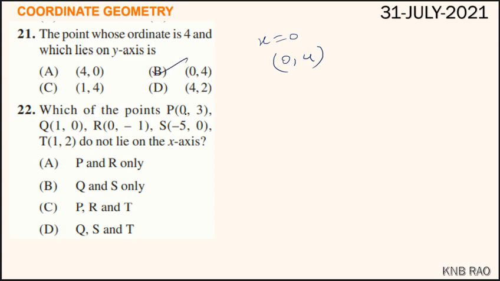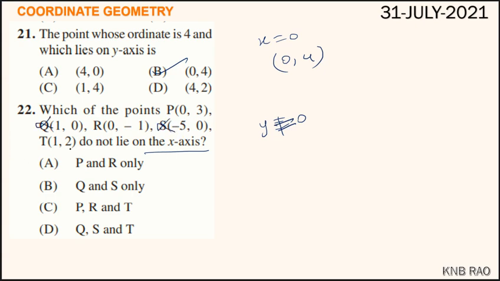Which of the points P, Q, R, S, T do not lie on the x-axis? See children, they should not lie on x-axis means y should not be 0. Okay. So y should not be 0 means we have S having y coordinate 0, so it won't.